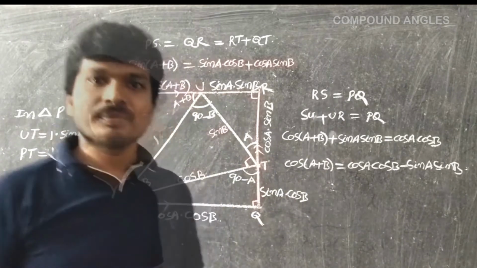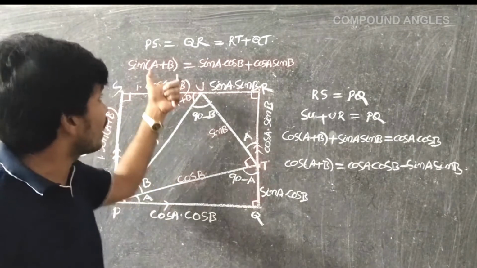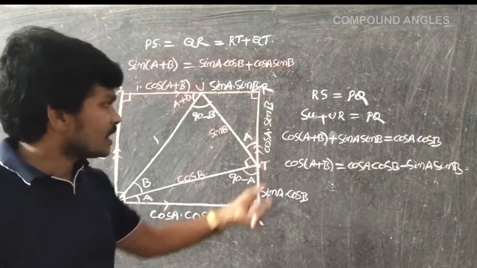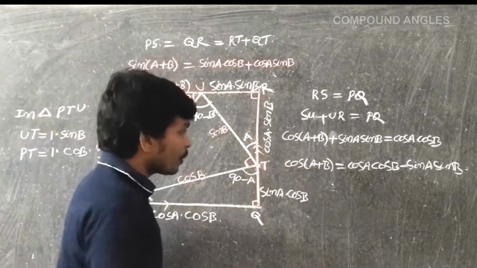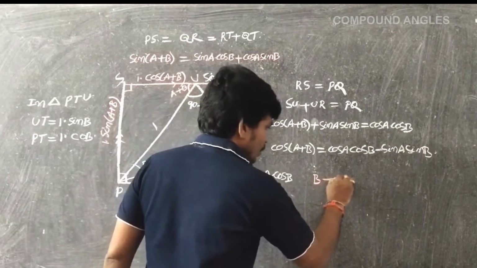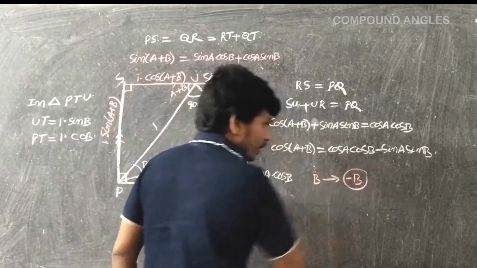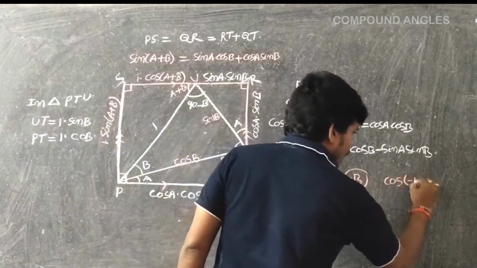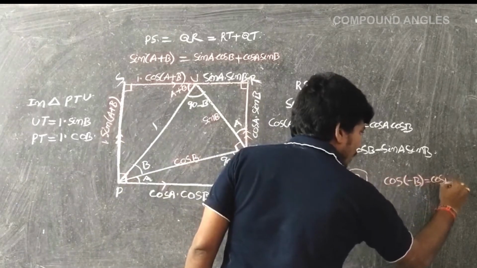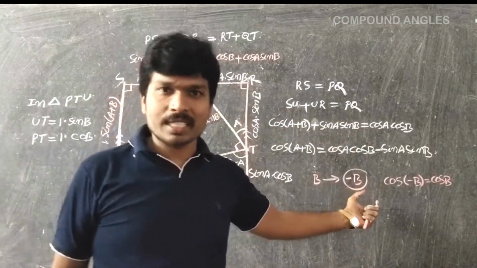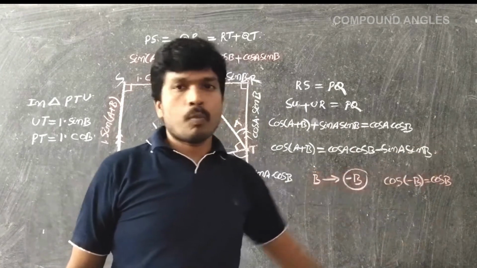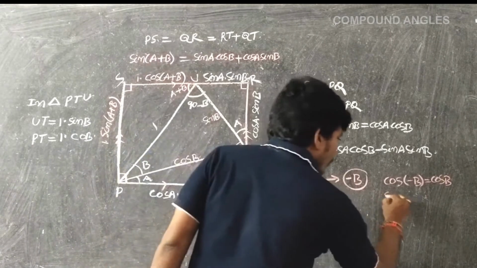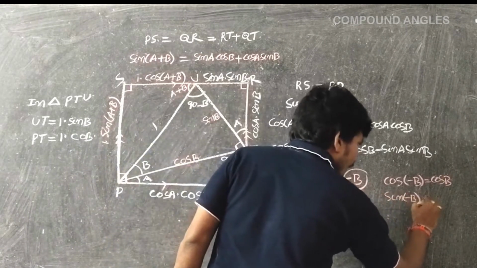Okay, good. Can you prove cos of A minus B and sin of A minus B? It's that easy. Just replace B with minus B. What is the cos of minus B value? Yes, it is cos B. We already discussed it: cos of a negative angle is the same as cos of the positive angle. And sin of minus B is equal to, what did you get?